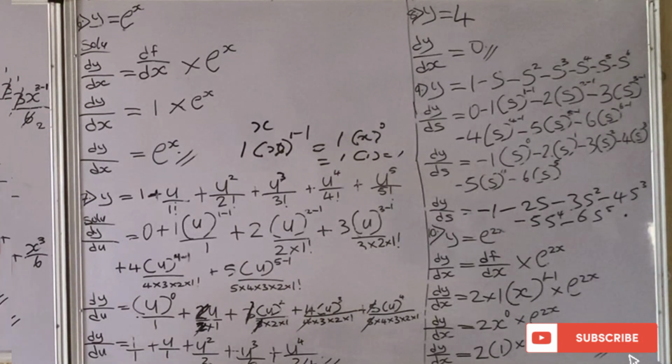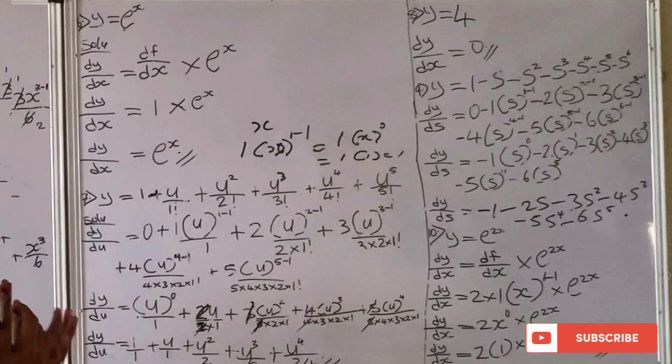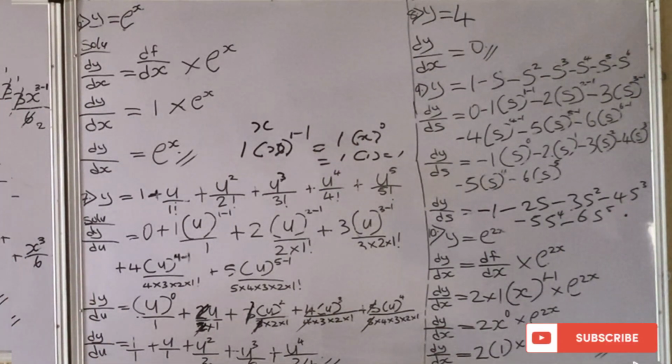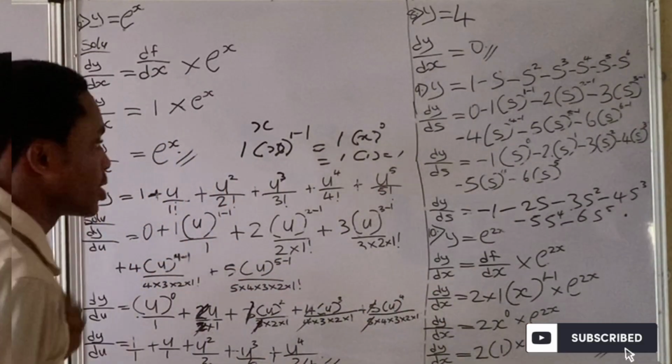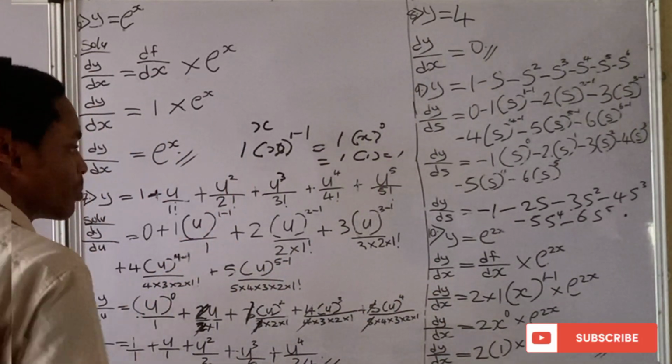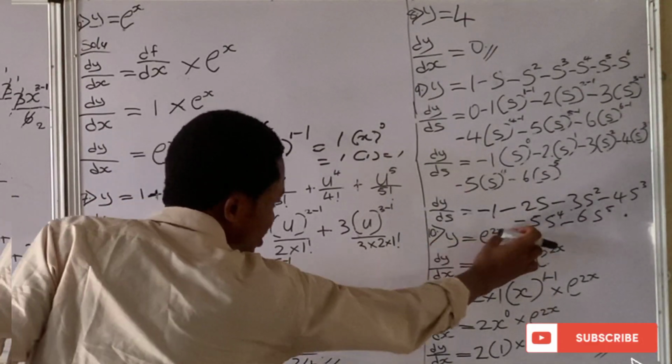Now, moving to question 10, another exponential question. The question says that y equals exponential 2x. Solving this, remember our previous question we solved relating to exponential. dy/dx, the variation of y with respect to x.